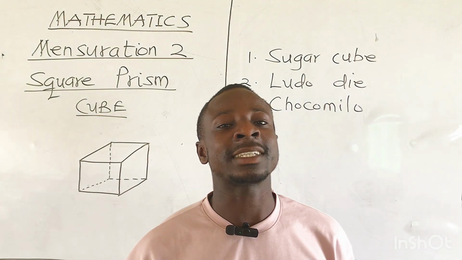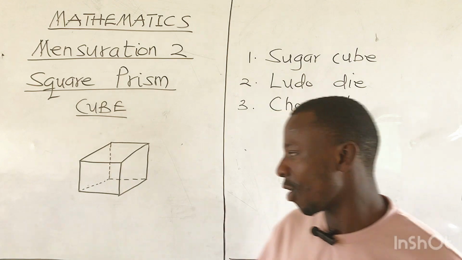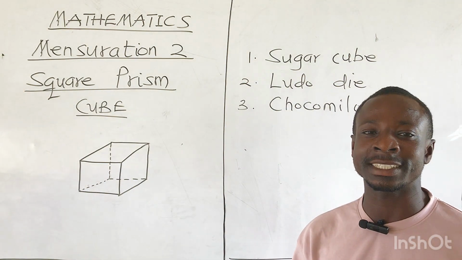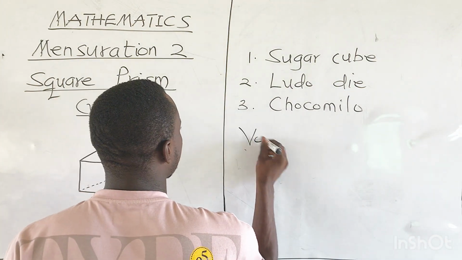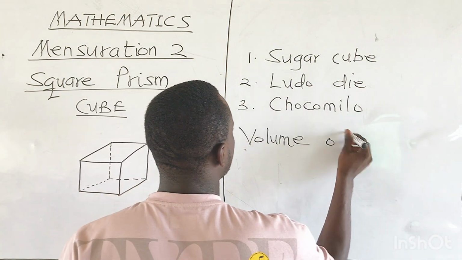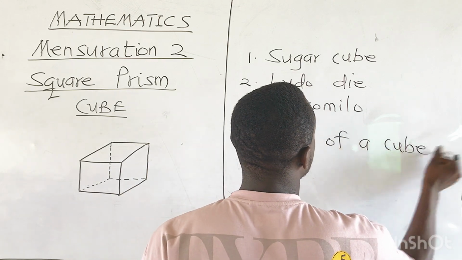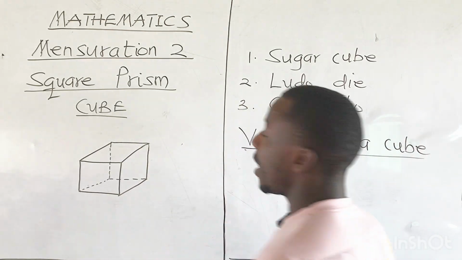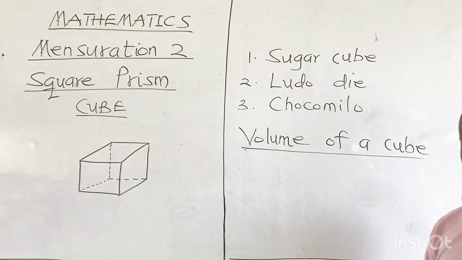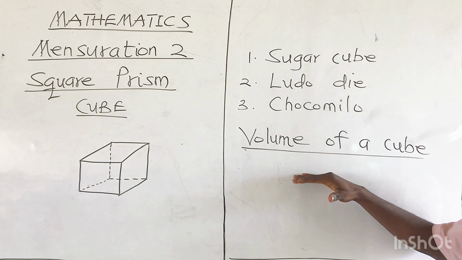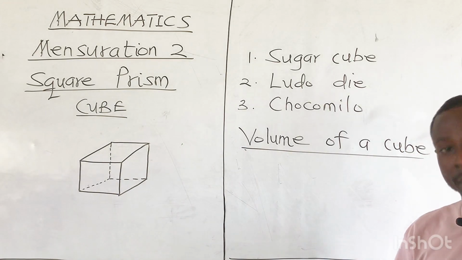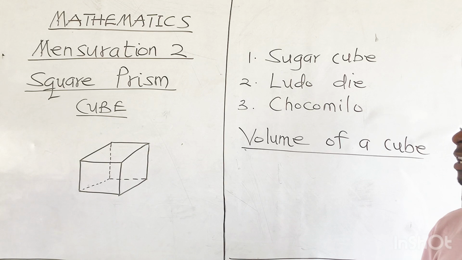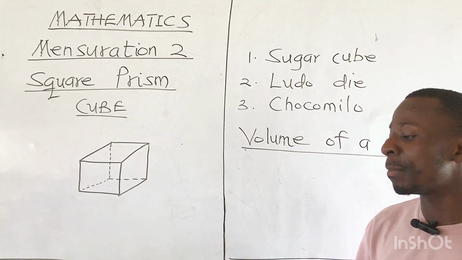So we are going to look at how we can find the volume of a cube and the total surface area of a cube. So now let's start with the volume. In my previous video, I said that anytime you want to find the volume of a prism, for which cube is part of the prisms, and specifically we call it the square prism, just identify the area of the base.